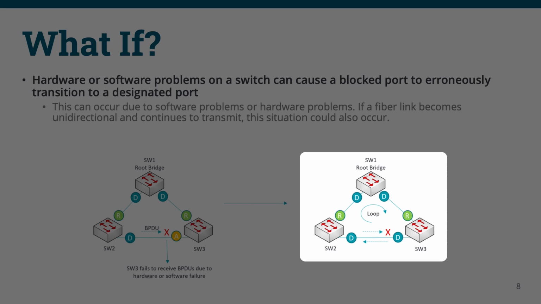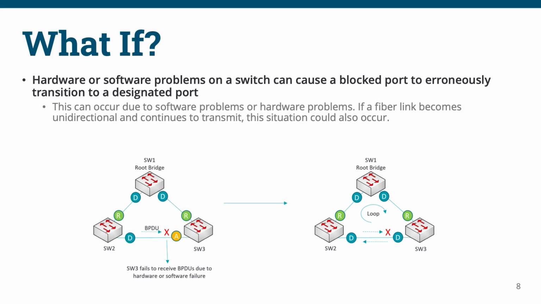Loop protection will not allow a blocking or discarding state port to transition to forwarding if BPDUs are no longer received. What we'd expect in RSTP, if switch 2 were cut off from the root, is to see superior BPDUs ingress at switch 3.